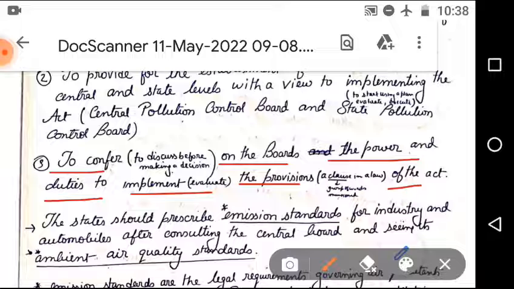So to make that act successfully done by the people, by the citizens of the country, we have to confer. Here, "we" refers to the pollution control boards, who will discuss, evaluate, and try to implement the provisions of the act.